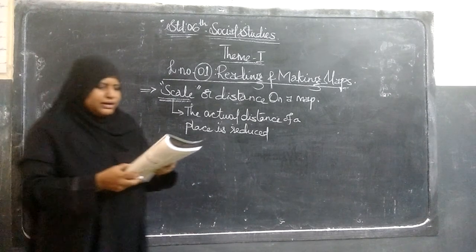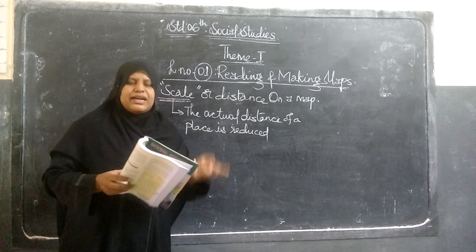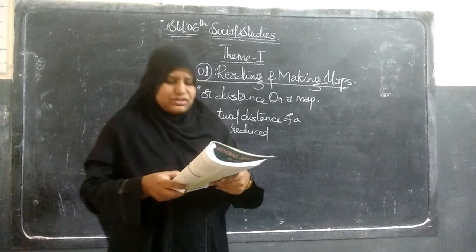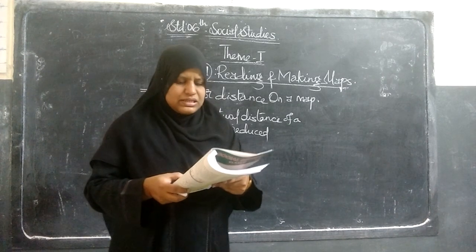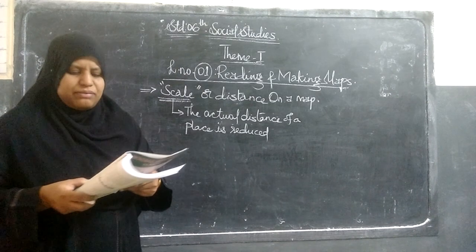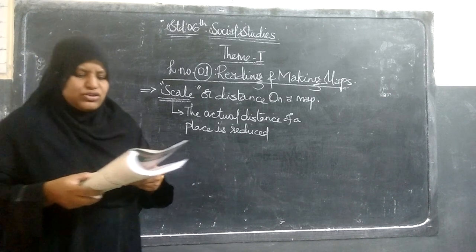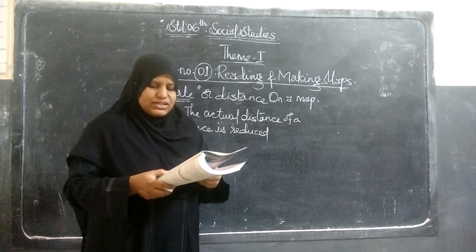In the previous classes we learned about dilations, how they are done. But now we will have a look at the scale, that is of dilation on a map. On a pleasant evening, Malika took Laila to see the village stream.